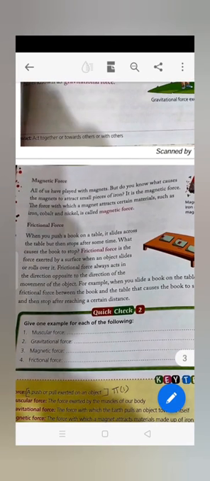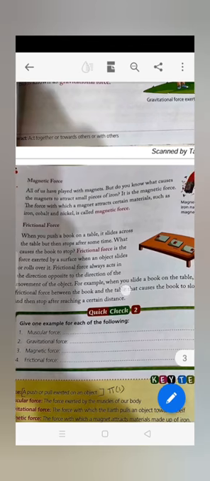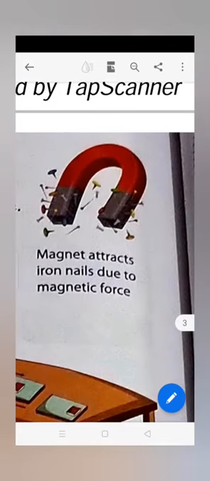Next, you see, another force is the magnetic force. All of us have played with magnets, but do you know what causes the magnet to attract small pieces of iron? It is the magnetic force. So, with the help of the magnetic force, the magnet attracts the iron nails.